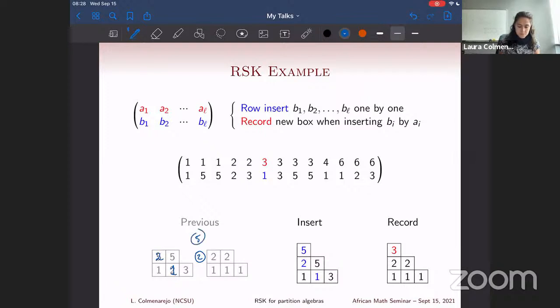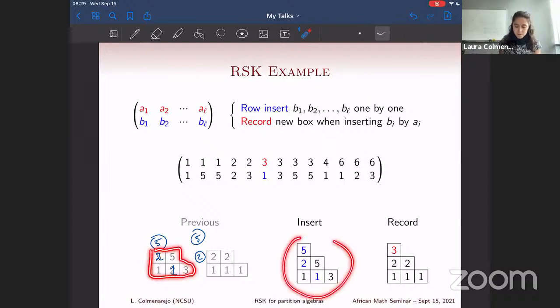And now the 5 is the one that is on top. And now I'm avoiding rows 1 and 2 because I already inserted something there. So I should put it here. And that's how I get this tableau. And if I compare my original one, the small one here, with this one, this is the new box. So I record the 3.